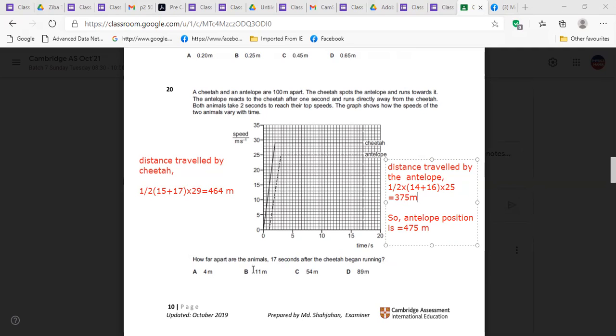Because here the time is the matter, that when you are calculating, you should take the time correctly. The maximum speed, that one also you have to take correctly. Then this 100-meter apart, that one you have to bring in your calculation. So altogether many things, right?